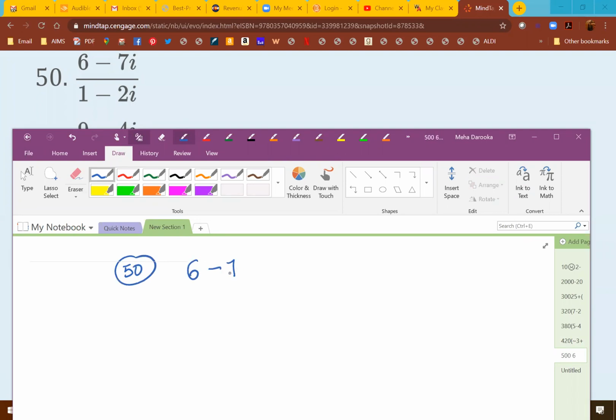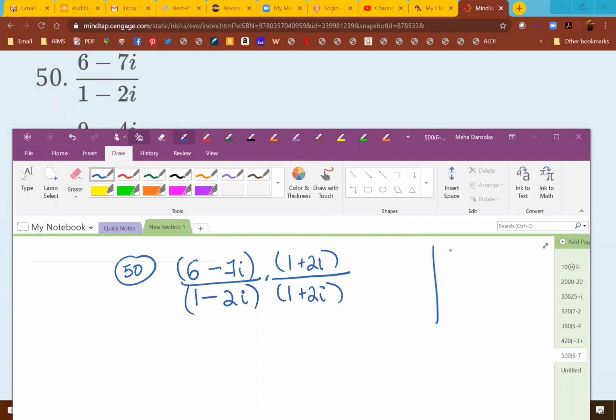So this is where, remember, you take the conjugate of the denominator and multiply both the numerator and denominator by that conjugate. So what are we looking at as a conjugate here? 1 plus 2i. You good? So again, on the denominator, you can use that same rule of a squared plus b squared, and the numerator, of course, will need a FOIL.